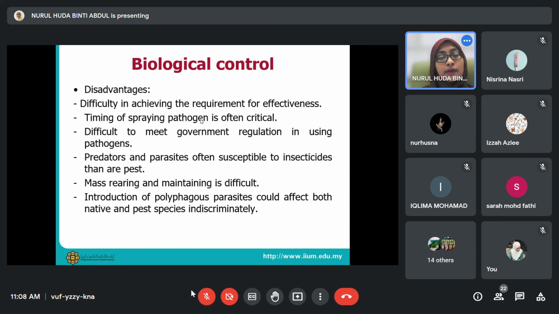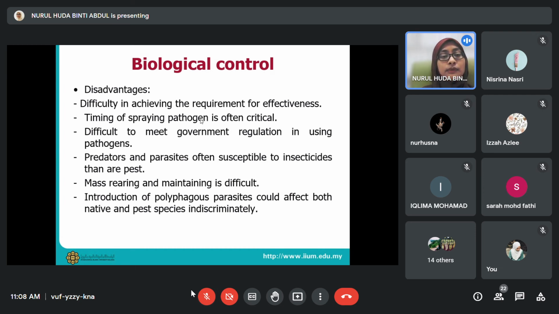So they're also living things, and as you know, living things also influenced by environment. Okay, so katalah mungkin if you spray during very hot weather, dia tiba-tiba terus kering, dry, and then mungkin tak efektif lah. So you have to know your timing bila masa nak guna that kind of pathogen.